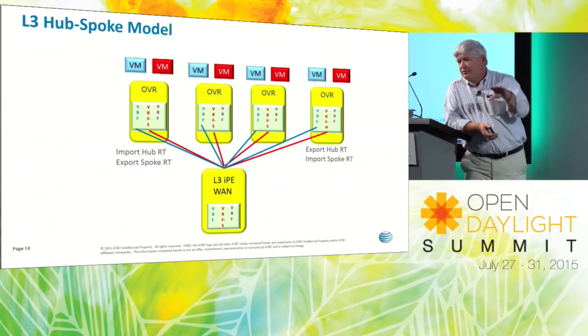A lot of the vendors that we're working with today and looking at make assumptions that there's the same policy for all the vRouters across the nodes, but you need to have the capability to control import and export route targets throughout the OVR, OVS environment for those. Okay, so a lot of different features.